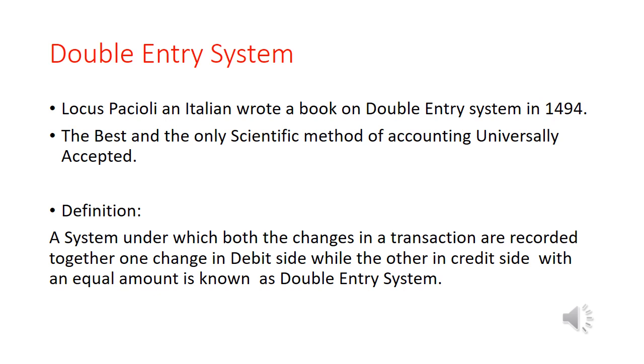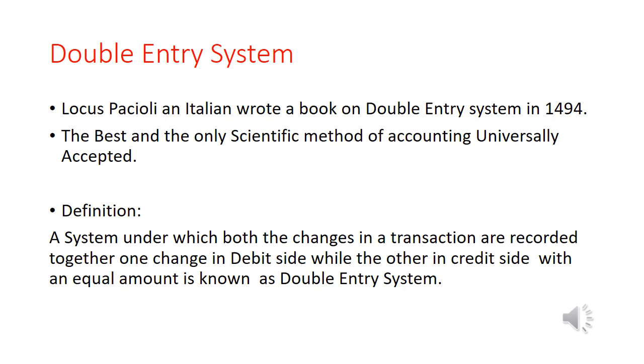As we know, every business transaction causes at least two changes in the financial position of a business concern at the same time. Hence, both the changes must be recorded in the books of accounts, otherwise the books of account will remain incomplete and the result inaccurate. For example, we buy machinery for rupees 50,000.